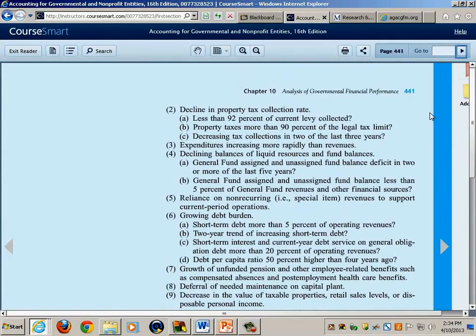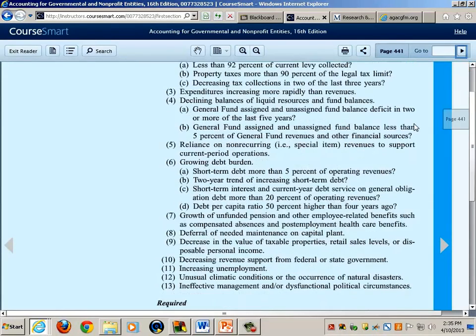This CAFR assignment is pretty extensive. It goes through questions, but this is a project by itself. So we're going to try to make this manageable.